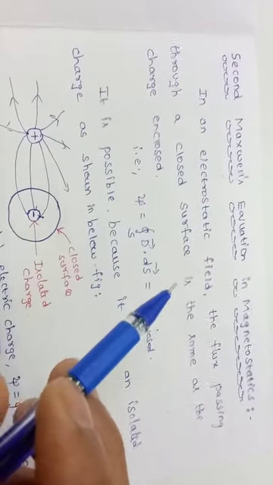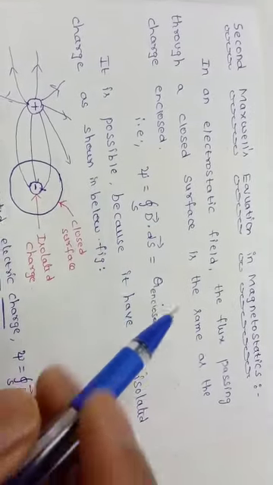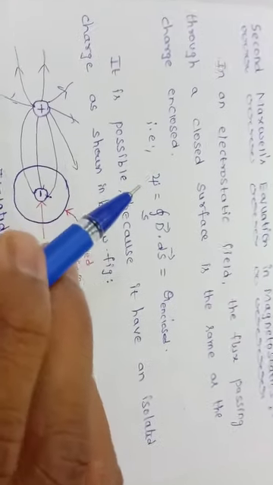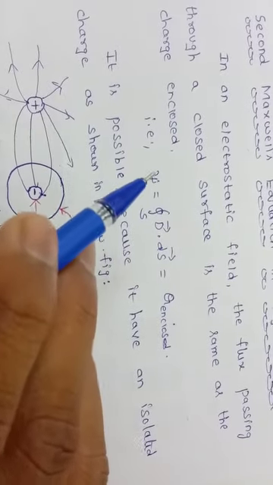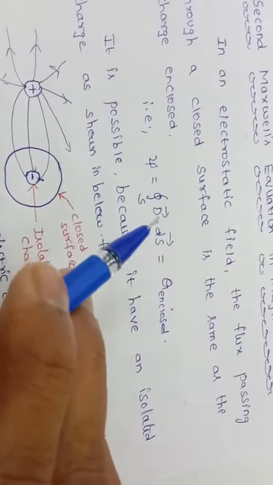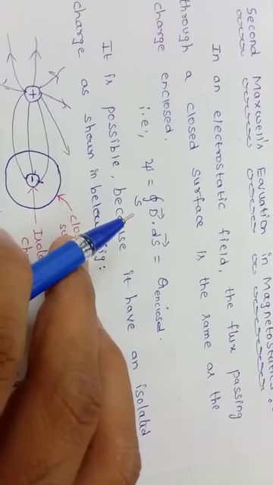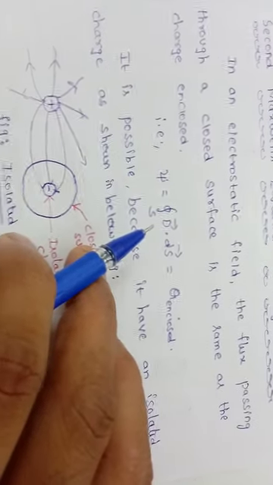In an electrostatic field, the flux passing through a closed surface is the same as the charge enclosed. That is, the flux is equal to the closed surface integral of D bar dot dS bar, which is equal to the charge enclosed. This tells about Gauss law in electrostatics, right?